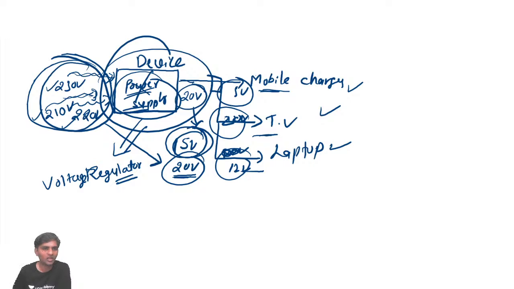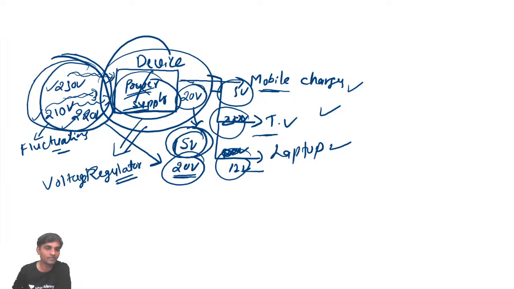Why do you want to change the input? Input means 5 volts, 20 volts, 12 volts, or this 230 volts? Input of a regulator, yes. See, the regulator is a device that works without worrying about the input voltage. It means not the input itself, but the fluctuations in the input, madam.